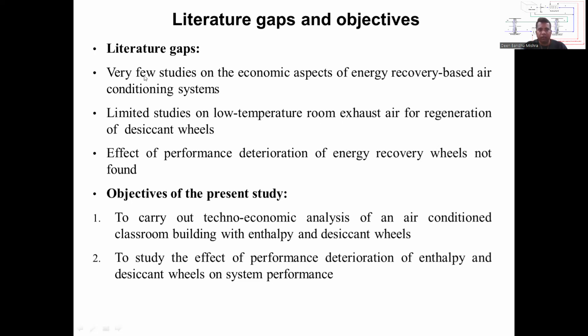Also, very few studies are available on the economic analysis of energy recovery systems like enthalpy wheels in air conditioning systems. And there are almost no studies available on the degradation of the enthalpy energy recovery wheel, because when we use this enthalpy wheel, its performance is also going to degrade with time, and the load is going to increase with degradation over time.